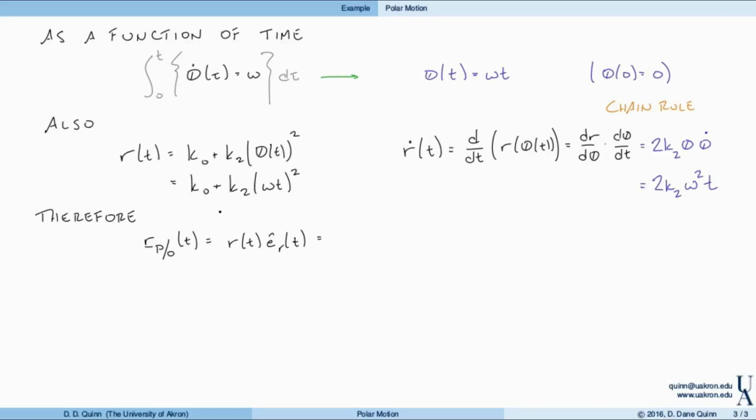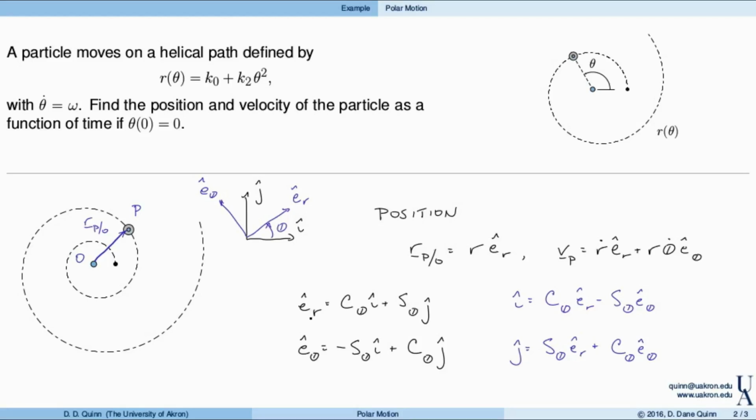So r here, from this expression, is k naught plus k2 omega squared t squared times ER. And so finally, using our relationship for the directions, ER is cosine of theta I plus sine theta j.